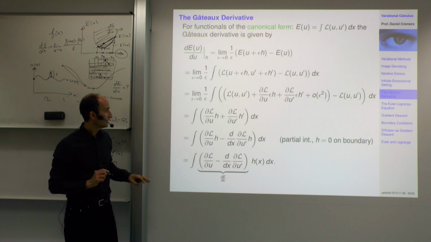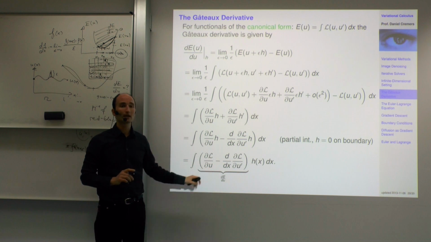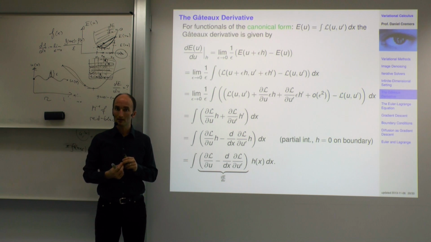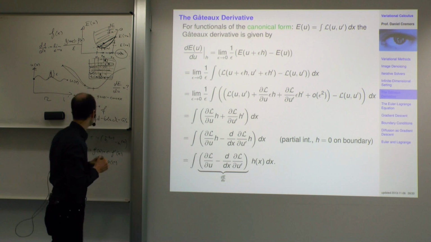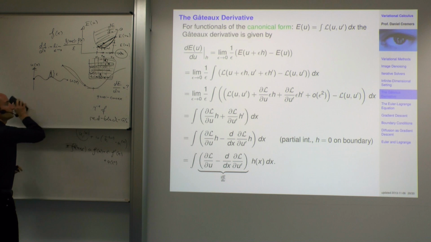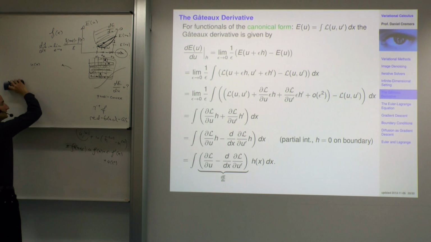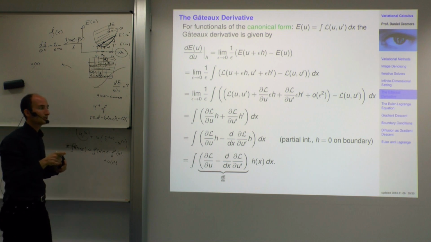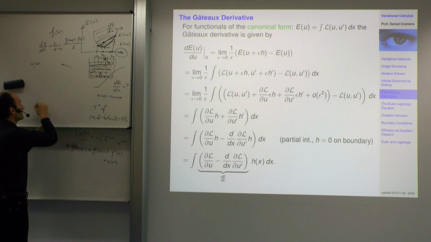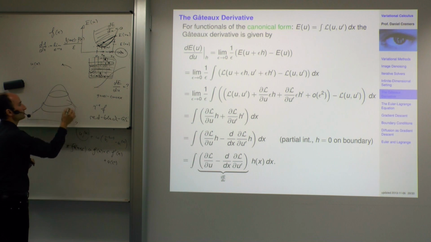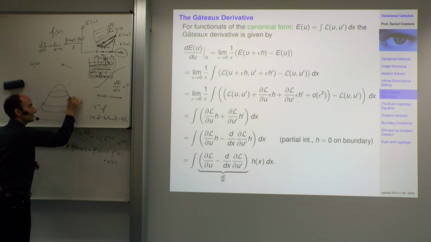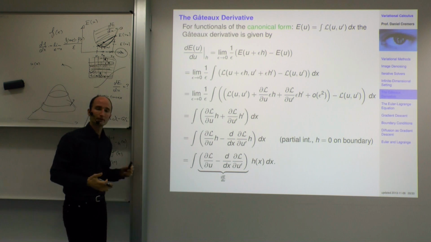And now we said the directional derivative must be 0 at the minimizer, and it must be 0 for any direction. This is important. Optimality in multiple dimensions: the derivatives must be 0 in all directions. For example, if you're on a hill, let's say you have 2 degrees of freedom in your optimization problem, then of course in the direction of the level lines the derivative is 0.